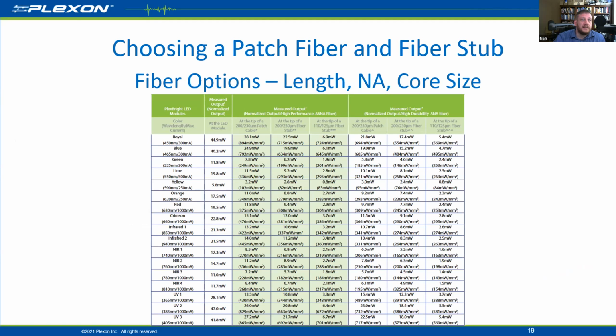Plexon has a resource that shows common light measurements for equipment, depending on what wavelength of light you're using, and if you're using a high performance versus a high durability fiber, at the tip of the fiber or the fiber stub. It's a useful resource. You can find this if you go onto Plexon.com. If you click on the Plexbright systems page under resources, there's the Plexbright data sheet, and this can be found there.